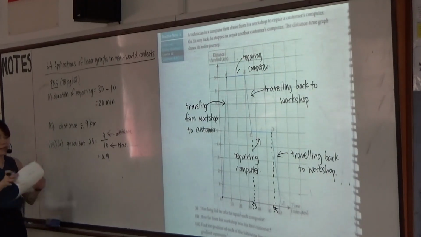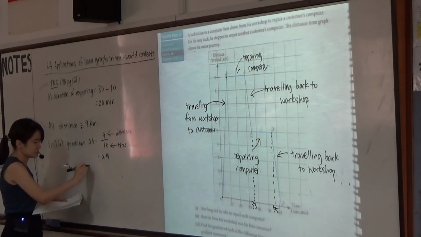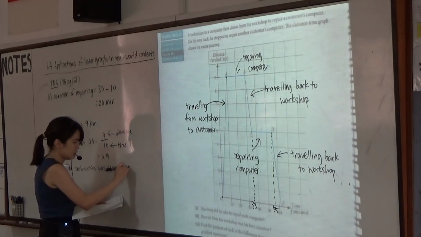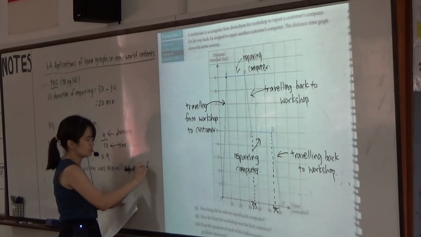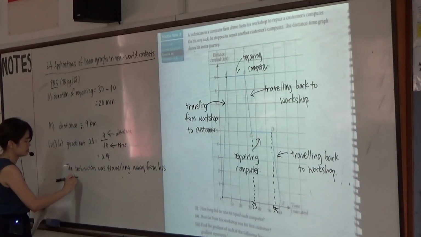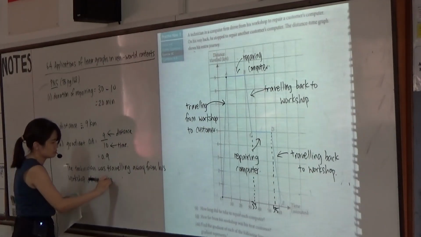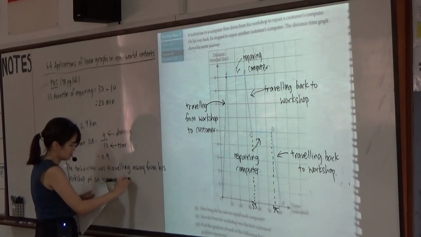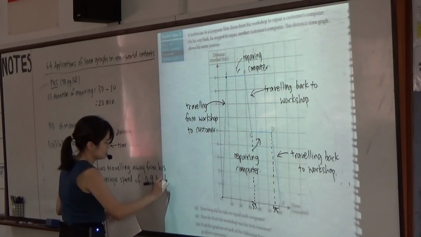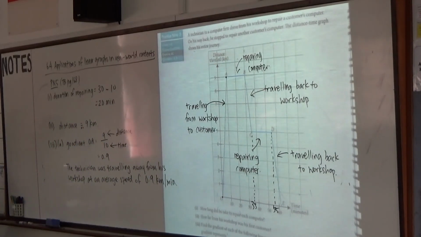To write that out in words, we say that the technician was traveling away from his workshop at an average speed of 0.9 kilometers per minute.